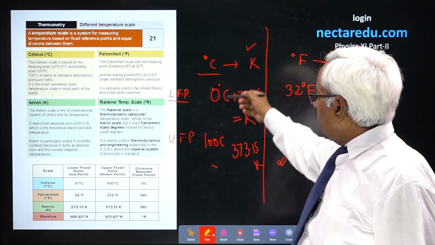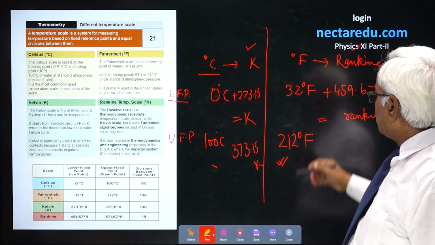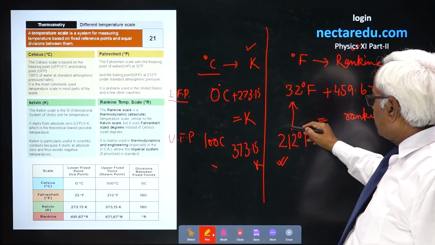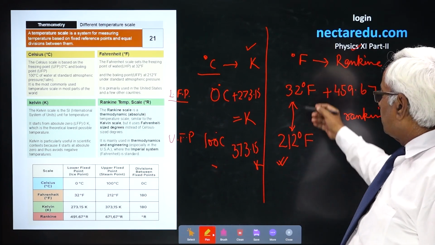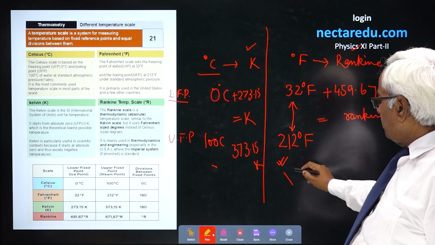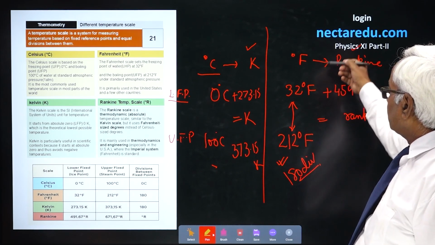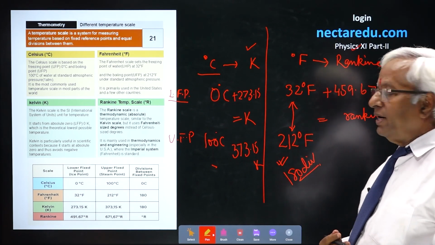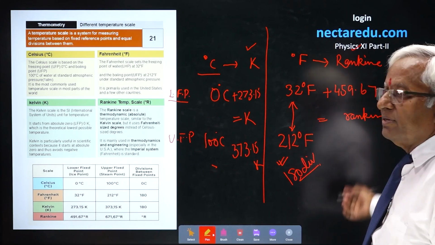So difference of 100 divisions on both the scales. Similarly, if you consider the difference between Fahrenheit readings of freezing point and boiling point of water, this is going to be 180 divisions. Difference of 180 divisions is that between the two extreme points on Fahrenheit scale and on Rankine scale.